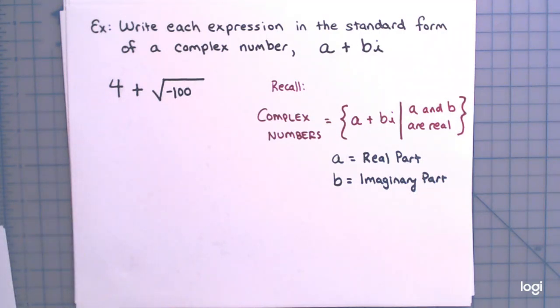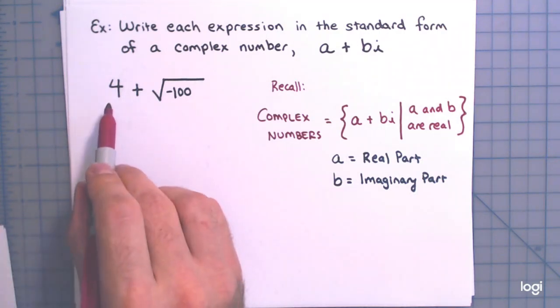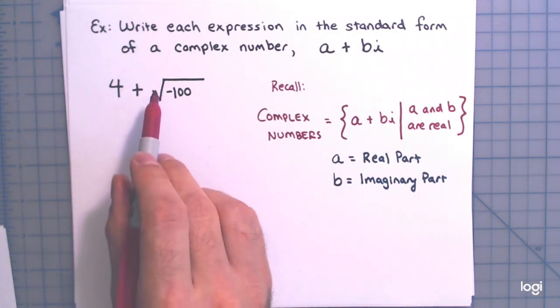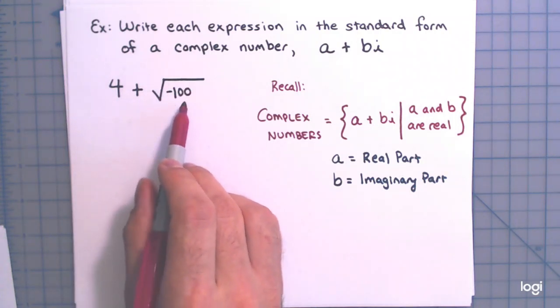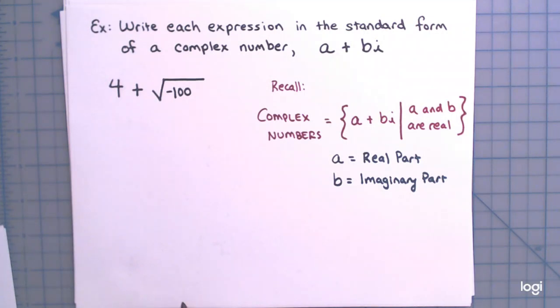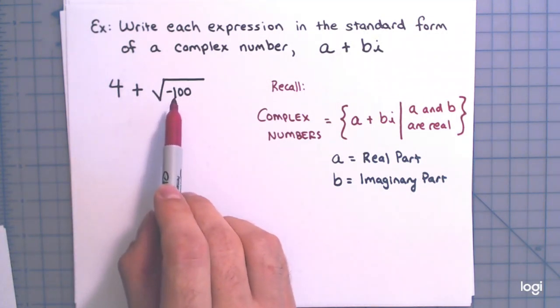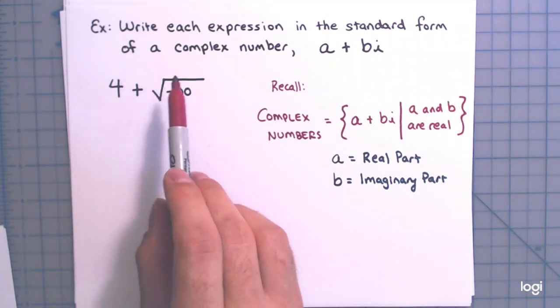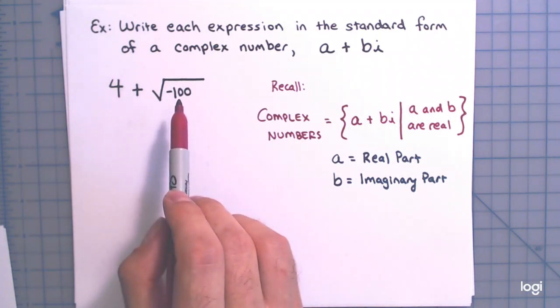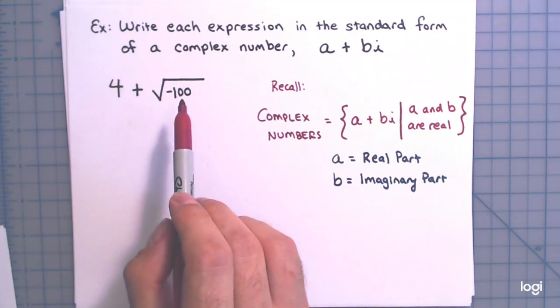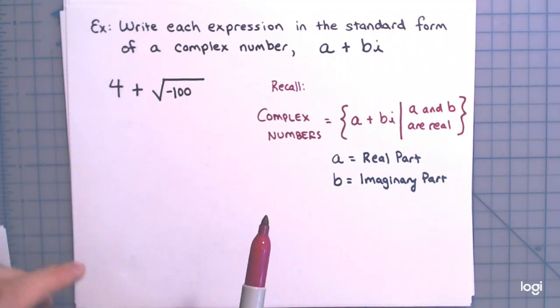I have the number 4 plus the square root of negative 100. As I mentioned before, whenever you see the square root of a negative, you should be able to rewrite that as a pure imaginary.